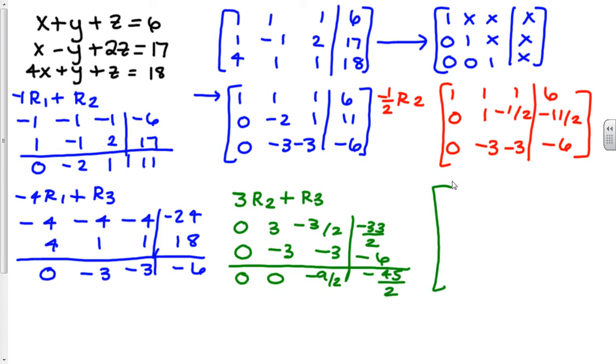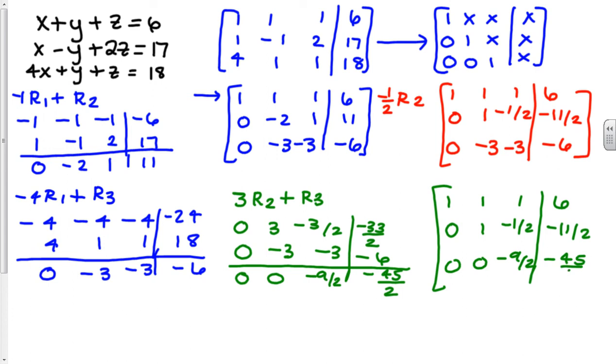So my matrix, row 1 didn't change. And then row 3 becomes 0, 0, -9 halves, -45 halves.